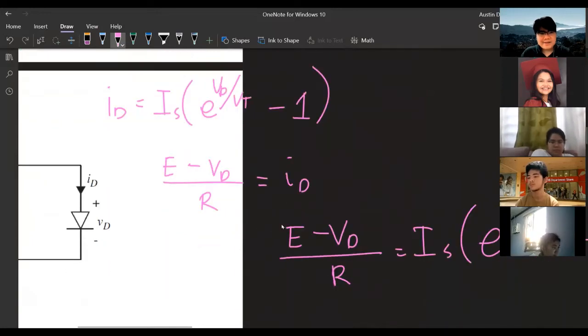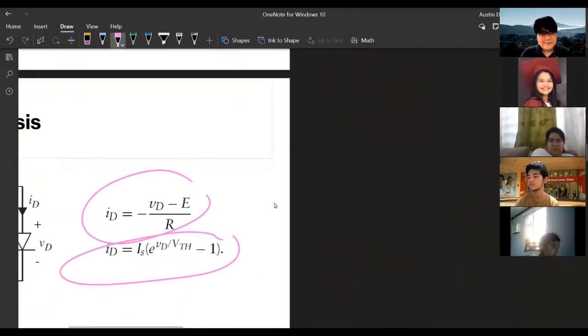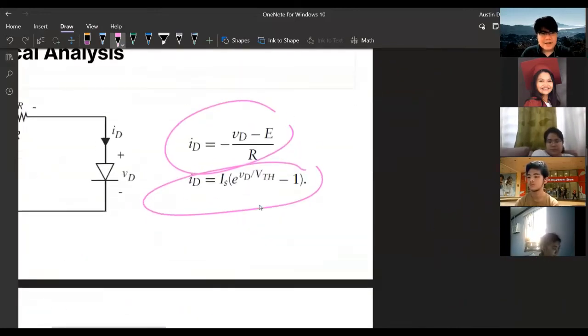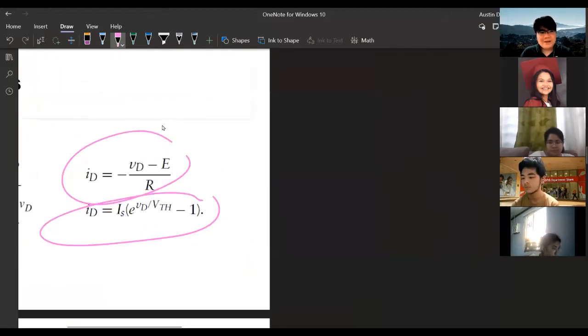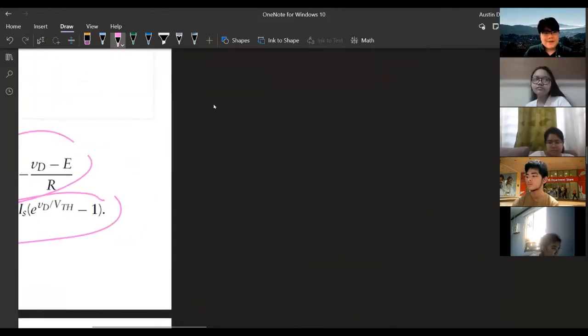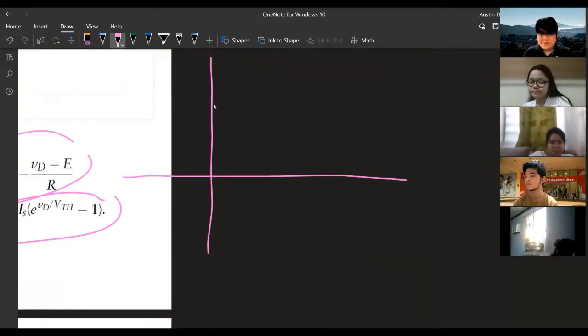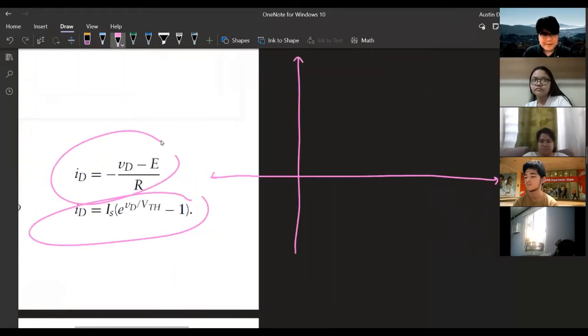Ayan sila. Ang gagawin mo lang pag graphical analysis, mag-graph ka. So, let's try to graph our equations. Itong diode current mo is something like this. Exponential.